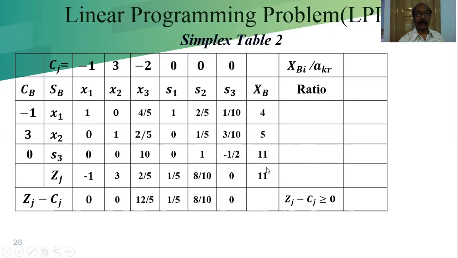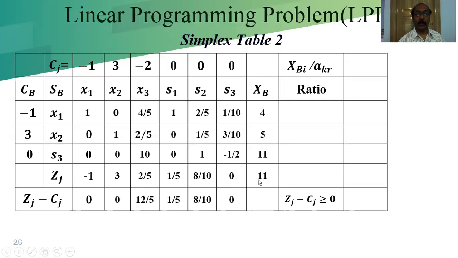We converted the minimization problem to the maximization problem. So this value 11 is the maximum value of our sub problem, a new problem we can say. And what is our solution? X1 equal to 4, X2 equal to 5, and X3 equal to 0.